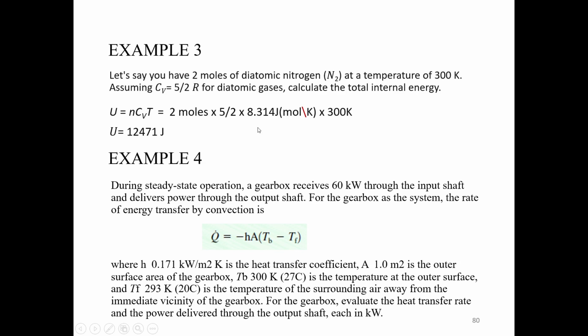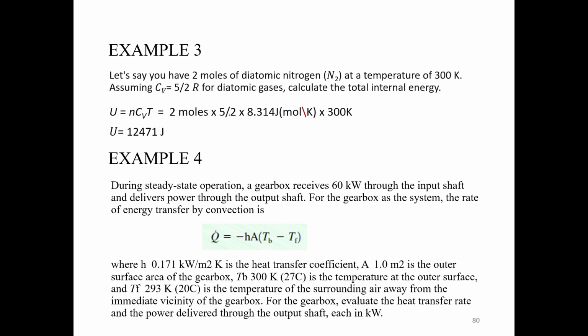So let me work on a small example. Let's say you have 2 moles of diatomic nitrogen at a temperature of 300 Kelvin. Assuming Cv equals 5/2 R for diatomic gases, calculate the total internal energy.